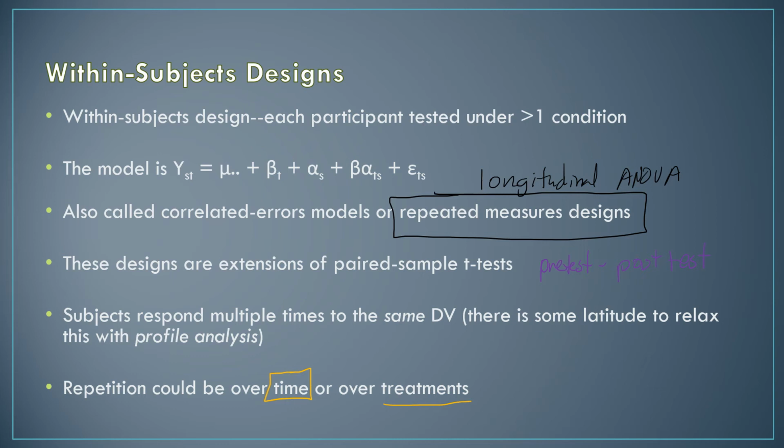So then session 1 dependent variable value could be compared to session 3 dependent variable value to see if there are mean differences across all these different treatment levels.